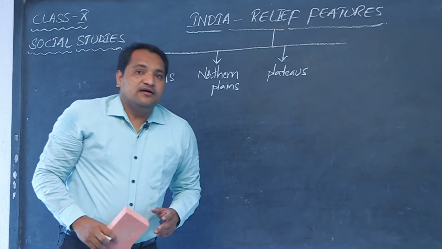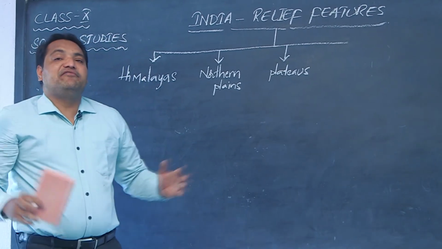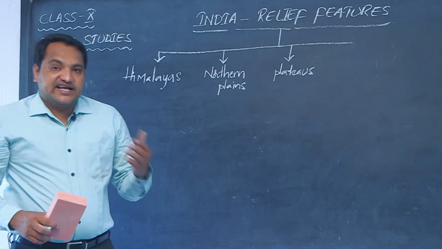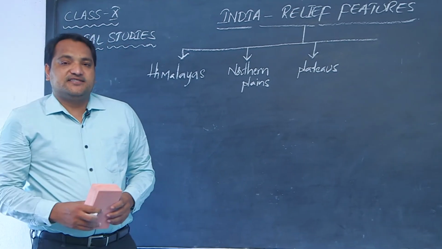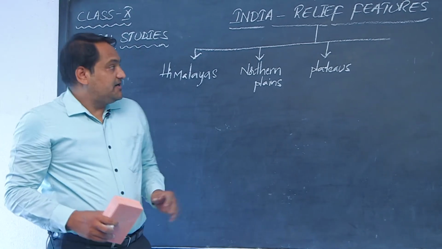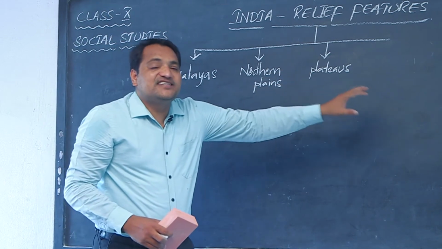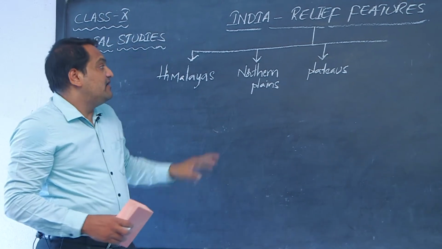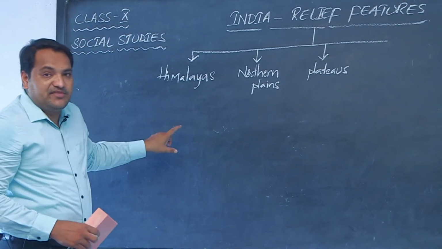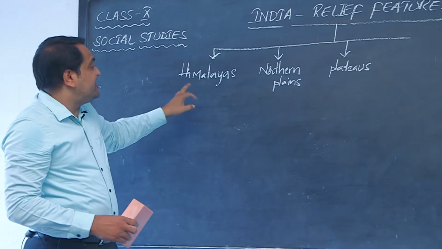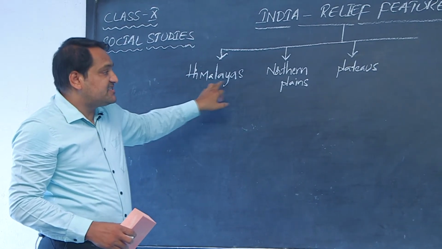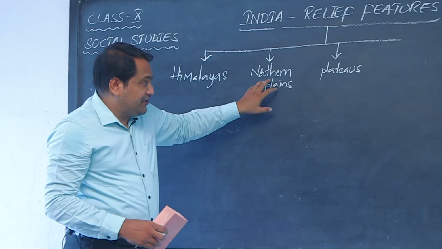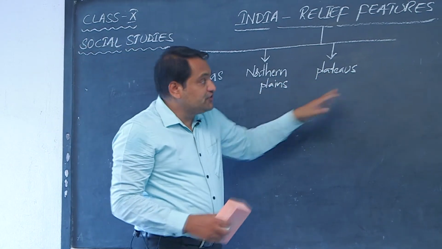In the southern part of India, we find a lot of plateaus: Deccan Plateau, Eastern Ghats, Western Ghats. We shall learn about each of these in detail. For now, let us only name them. The relief features that we see in India are Himalayas, northern plains or Indo-Gangetic plains, and plateaus.